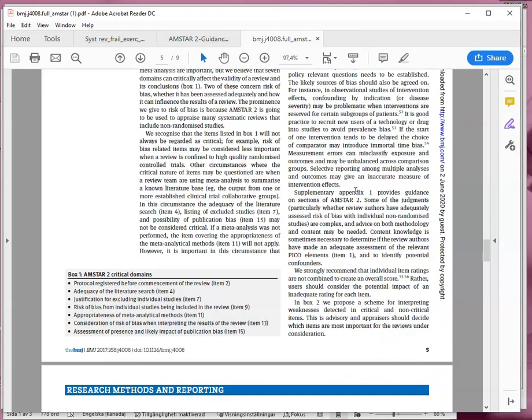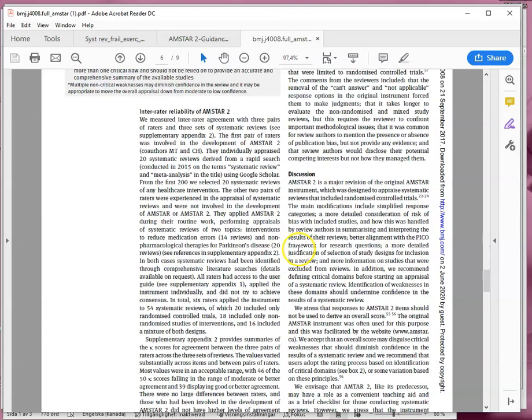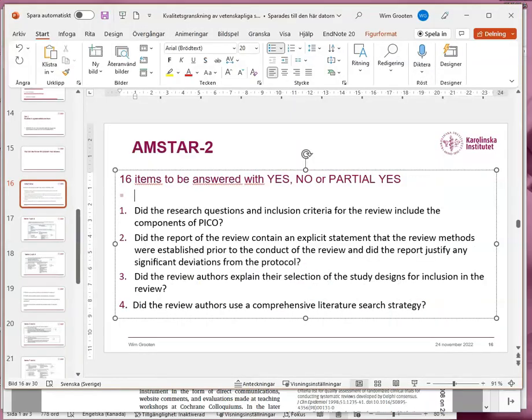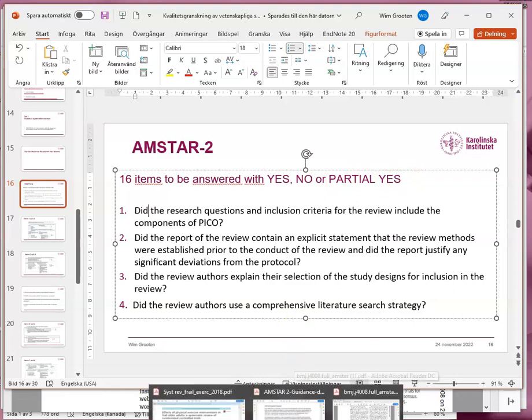I think it's a little bit easier if I don't work with this paper, but with a PowerPoint I just made. It contains 16 items, and you have to answer yes, no, or partial yes. There are two other documents associated with this.